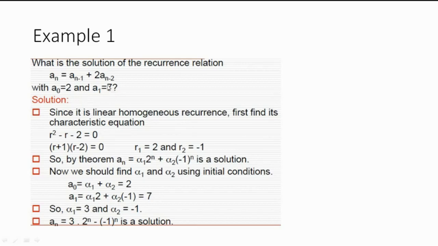You just assign the values here. Now equation 1: alpha 1 plus alpha 2 is equal to 2, and equation 2: 2 alpha 1 minus alpha 2 is equal to 7. Then solve for alpha 1 and alpha 2. Alpha 1 is equal to 3, alpha 2 is equal to minus 1. So a_n is equal to 3 into 2 power n minus of minus 1 power n is the solution.